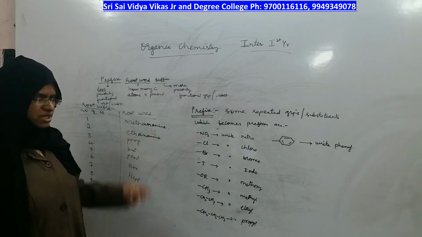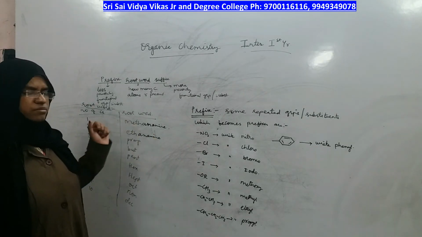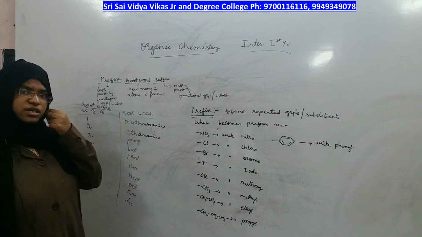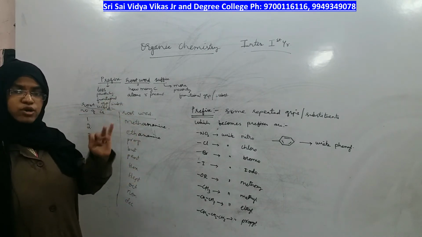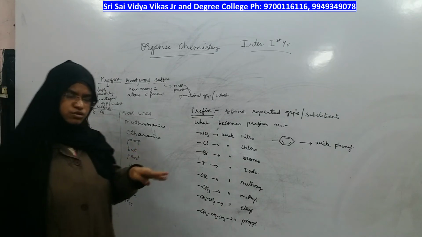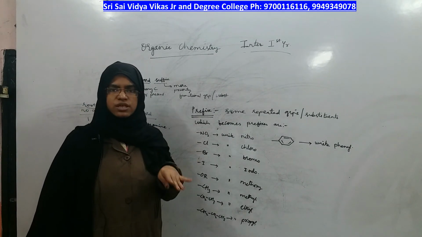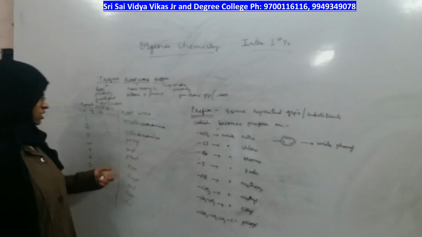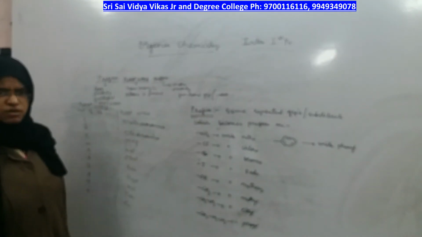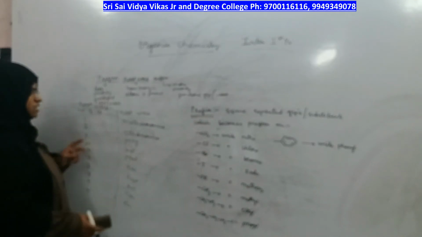These are just the basics. Something else can act as a prefix, that we will see next. After seeing the general rules, we will go for priority order. First you should know the basic rules, then only you can judge who is important and who is not, right? Now we will start with the rules of IUPAC nomenclature for organic compounds.